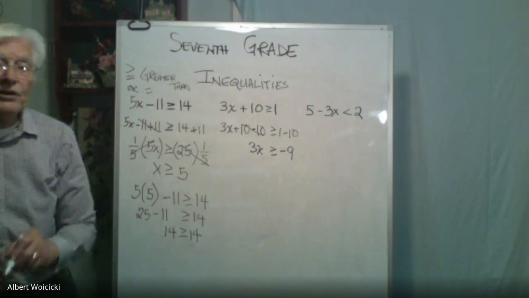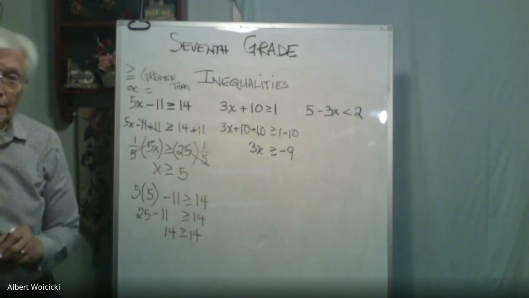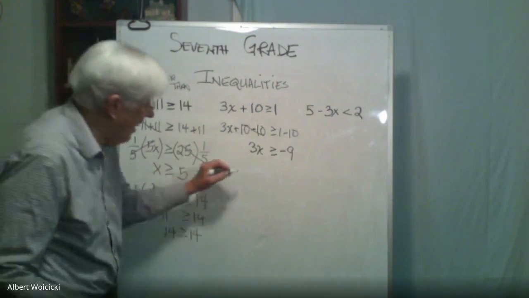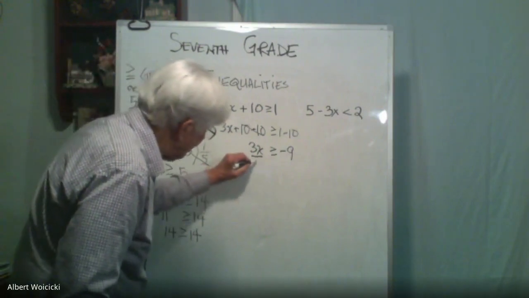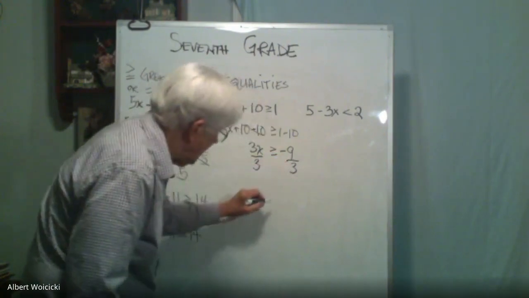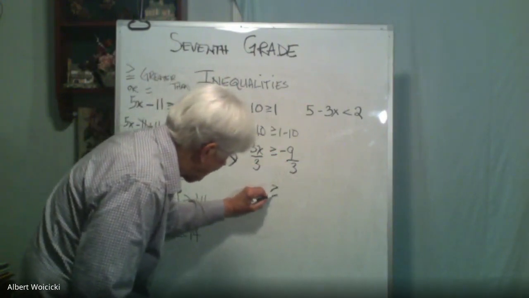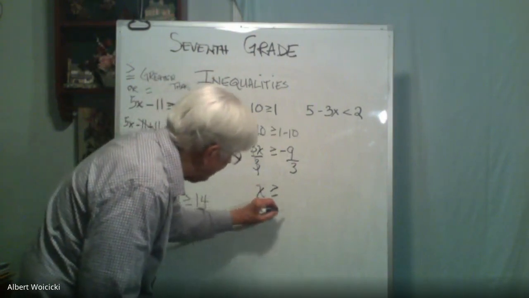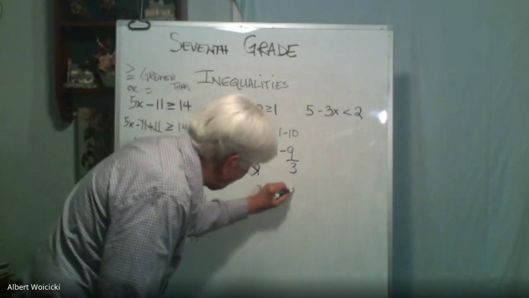Now, what are we going to do to get rid of the 3? We have to, again, multiply by a third or divide by 3 on both sides. This time I'll choose to divide by 3 on both sides. And x is greater than or equal to the opposite of 3.